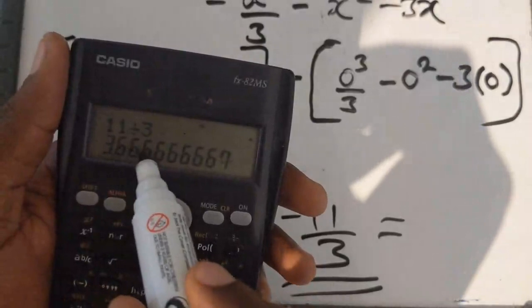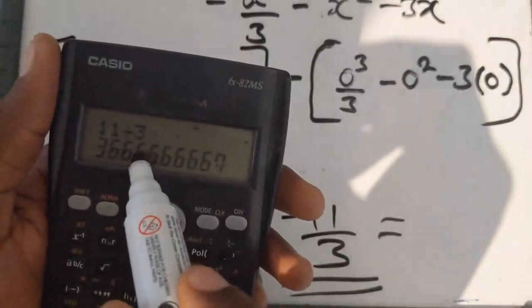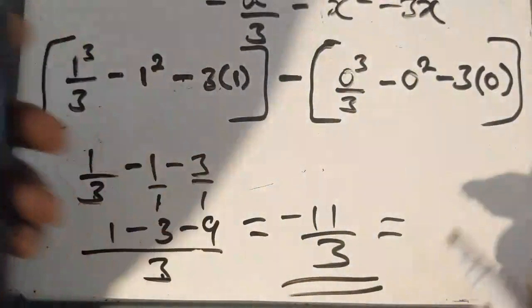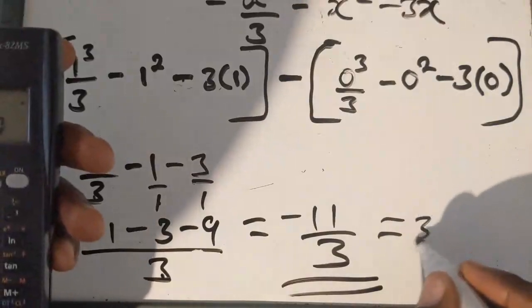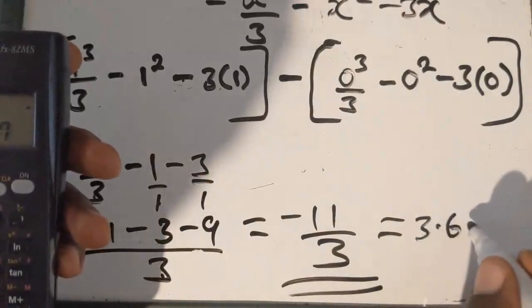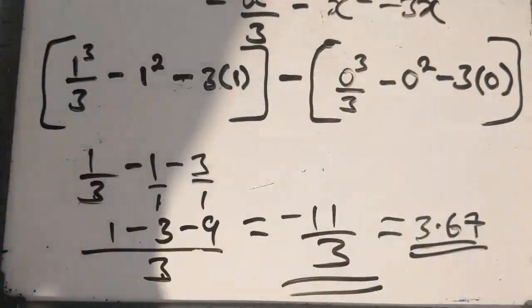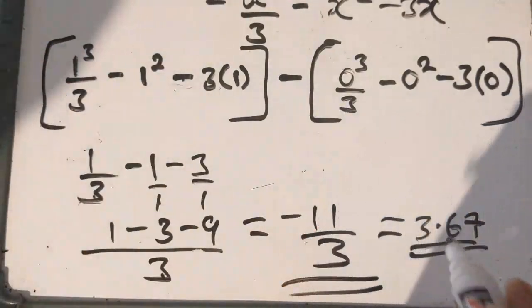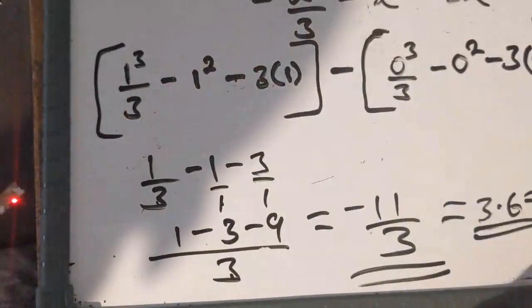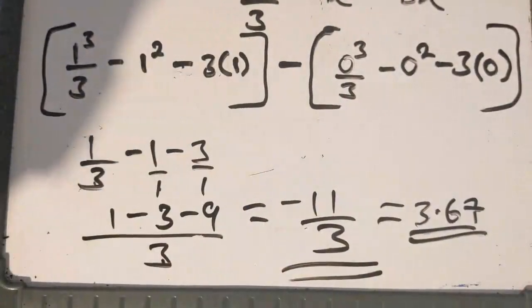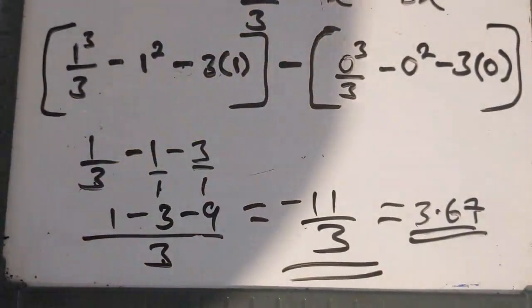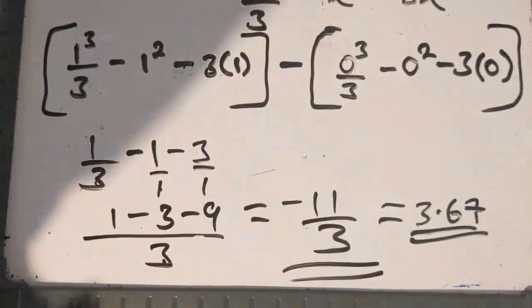And if the next digit is above 4, then you add 1 to this. So it will be 3.67, like that. So you can leave it this way or that way. You're going to get the marks. So that's how you are going to solve this in an exam.